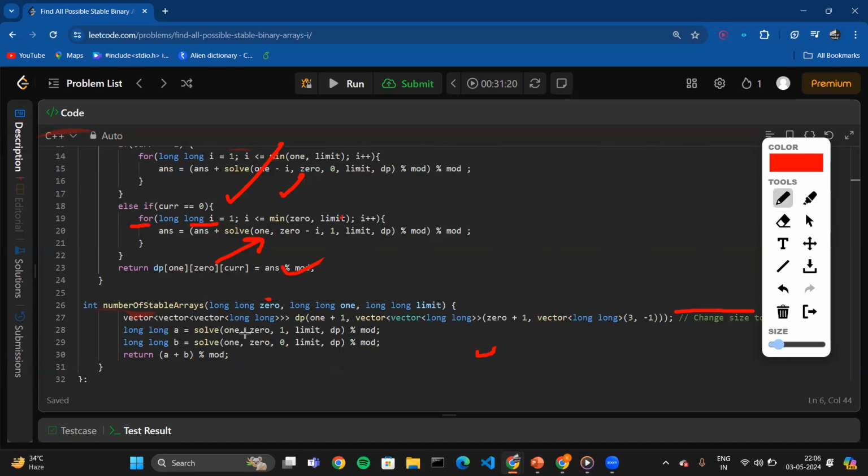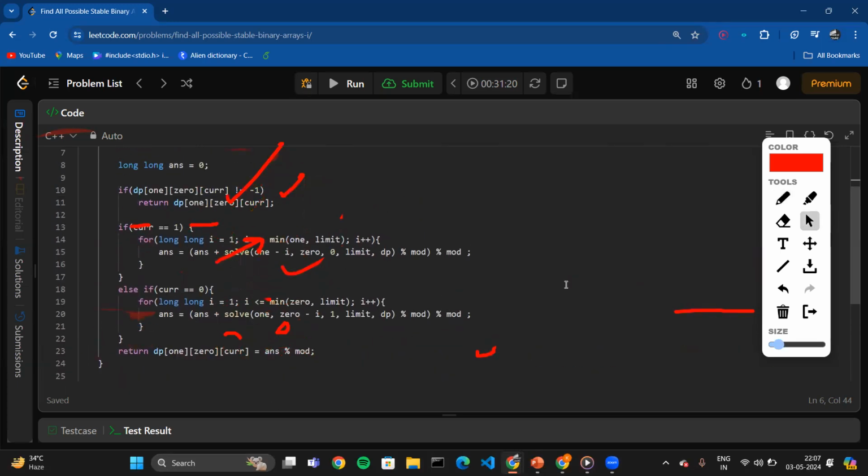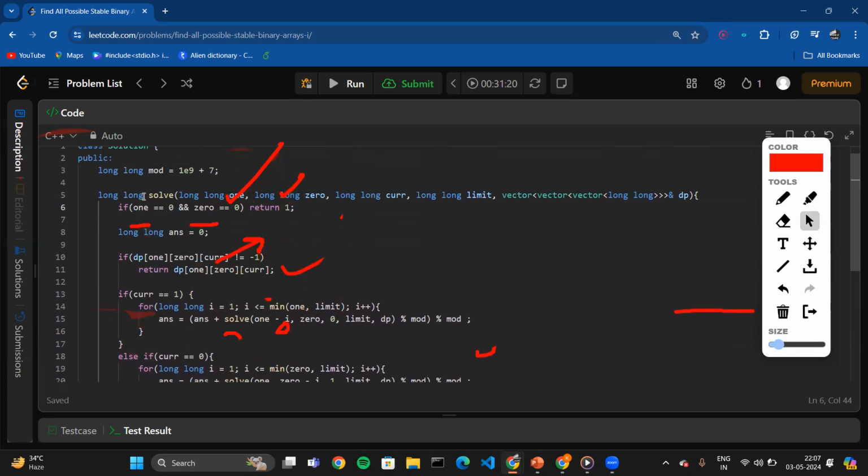So what I did, I made a recursive function with states as count of ones, count of zeros, and current element. Of course, we have a limit given in the question, under the DP array. I can start with one also and zero also, so I took the cases separately.